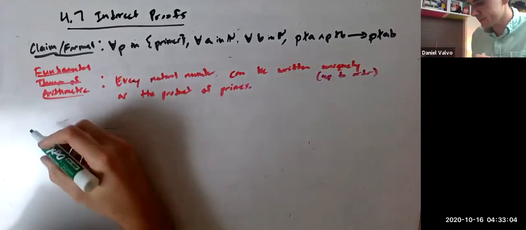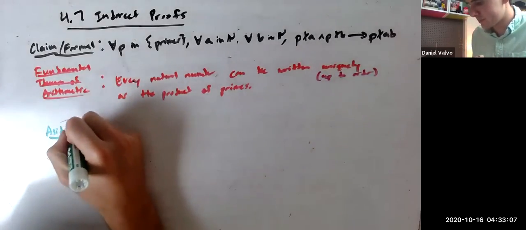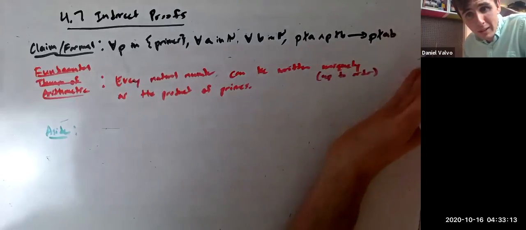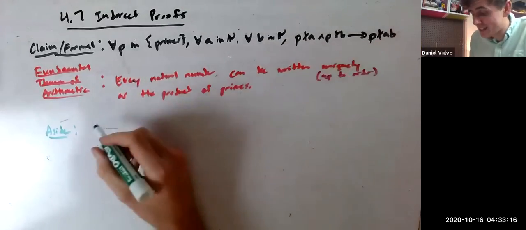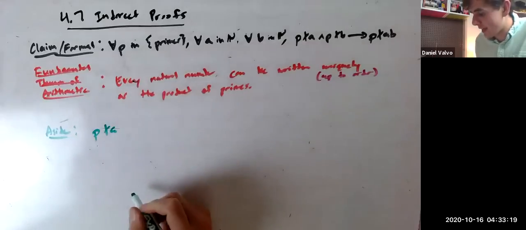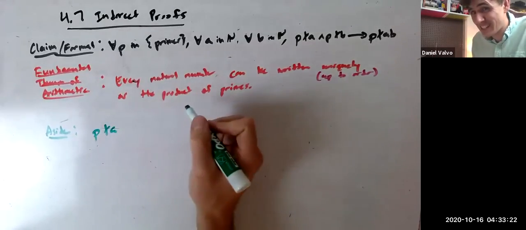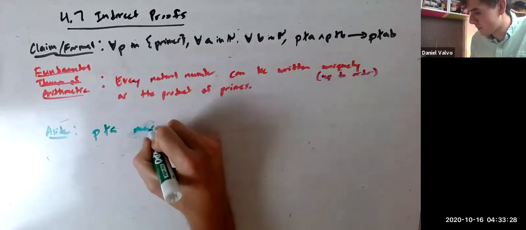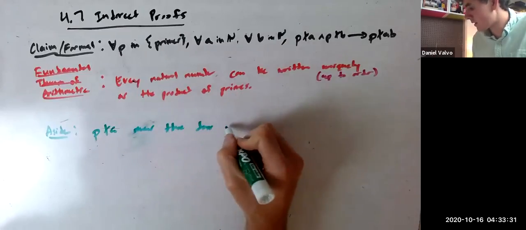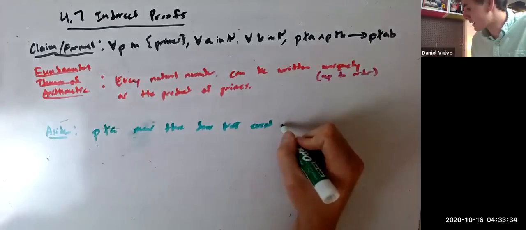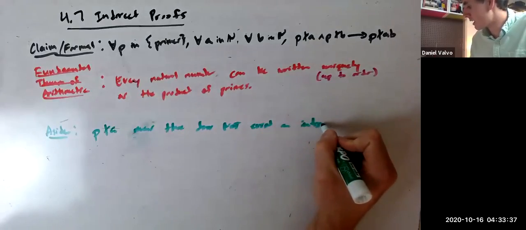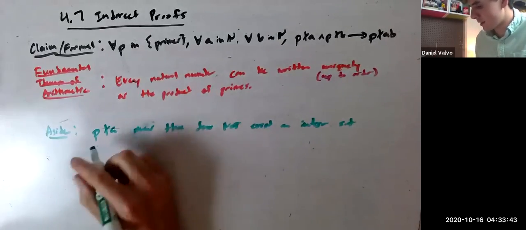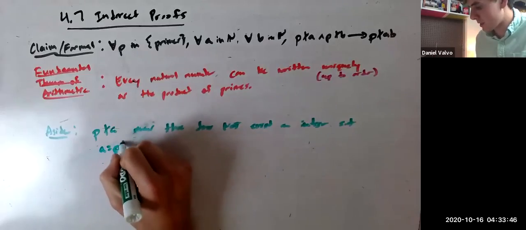So, how do we prove this? Well, if we try to go directly, we're going to have a hard time. Because P not dividing A means that there does not exist an integer K such that A equals PK.